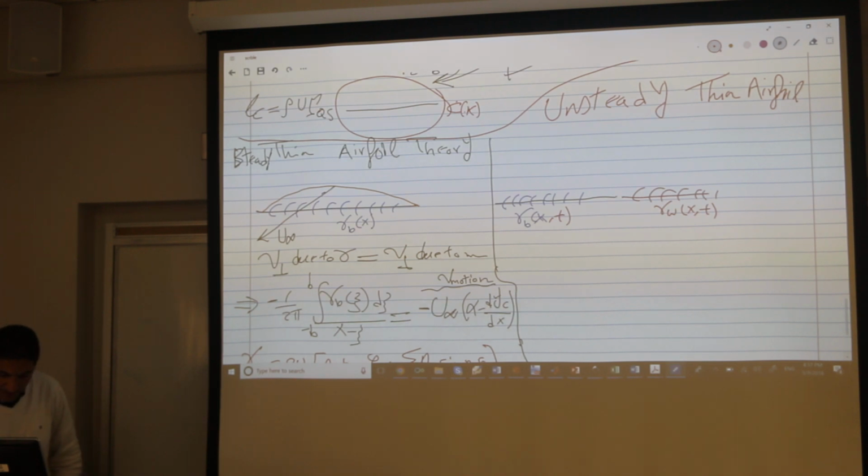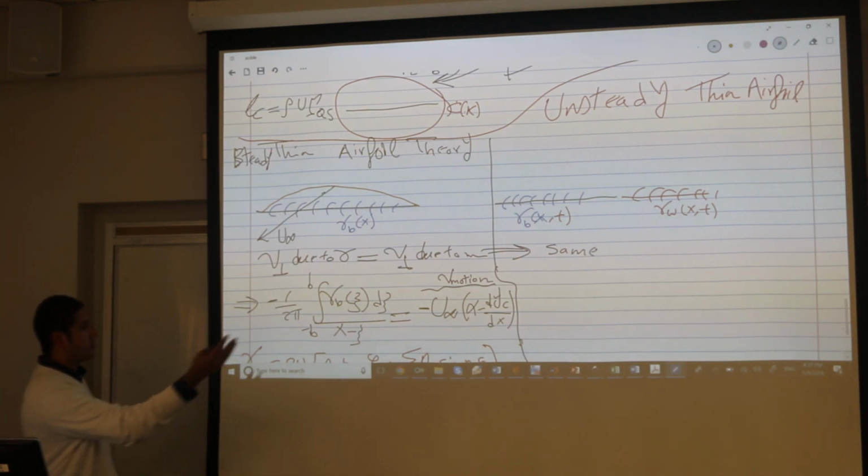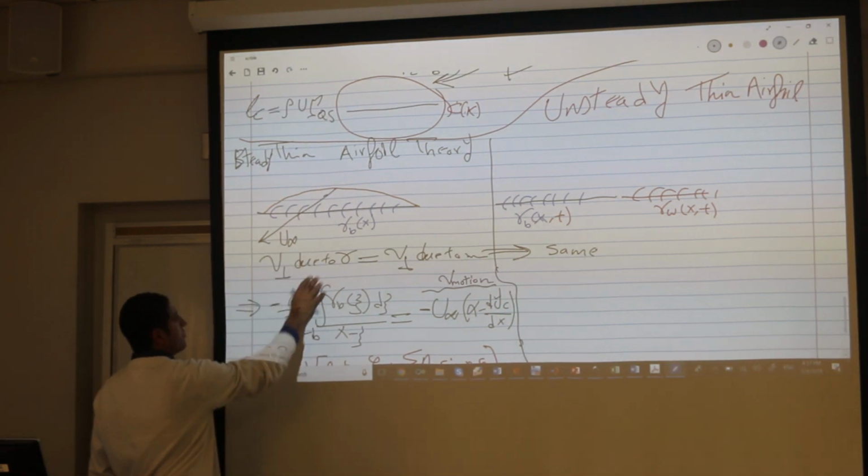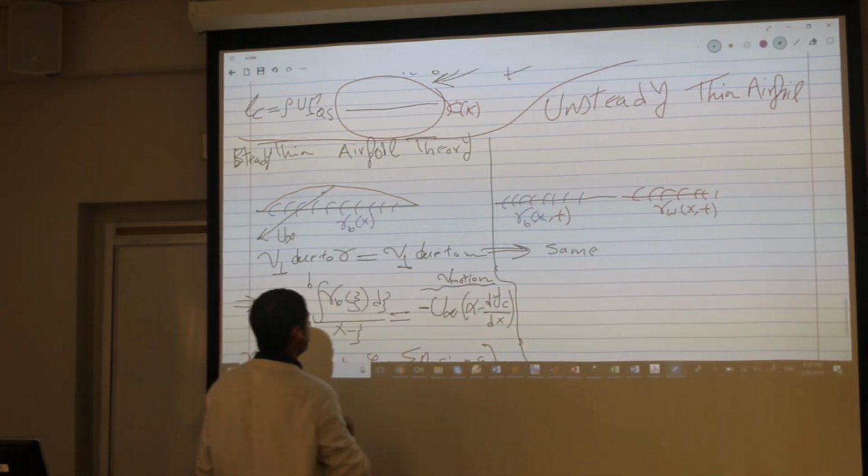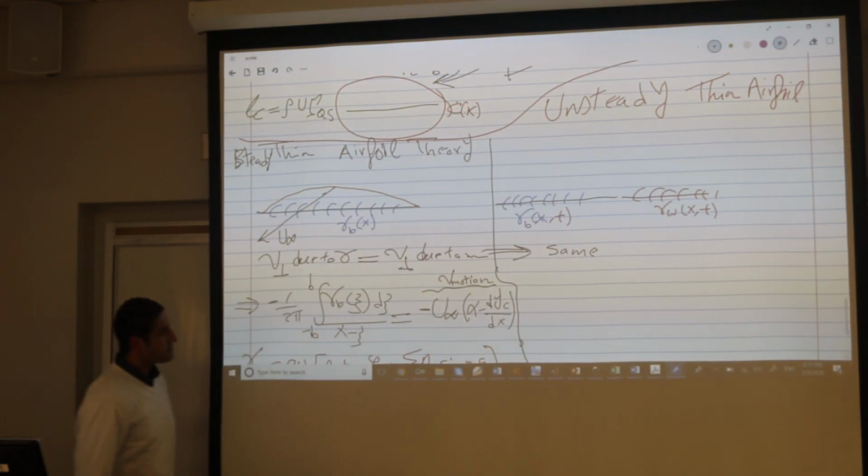It's the exact same equation. Of course, it's just the definition of the non-penetration boundary condition. V normal due to all the gammas, now it's gamma bound and gamma weight, is equal to the V motion.